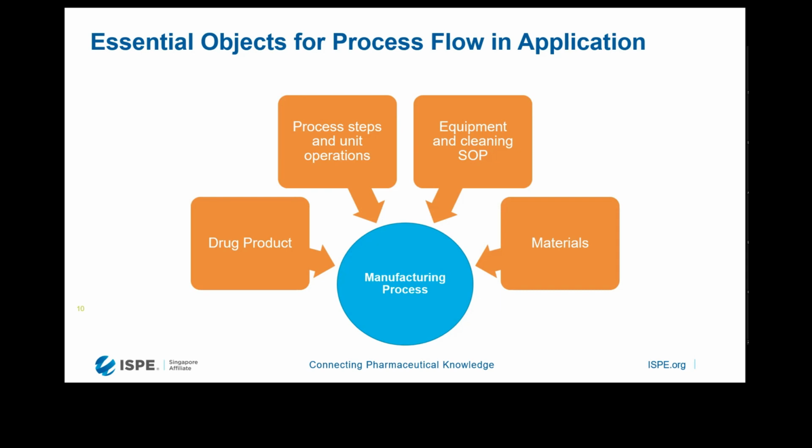At the end of the day, it would end up at the tablet press, tablet coating, and after tablet coating, if it's a coated tablet, it's going to end up in the packaging line. And in packaging, you are bottling it, you are blistering, however you are doing it. Entire information can be captured when you create a manufacturing process for any drug product.